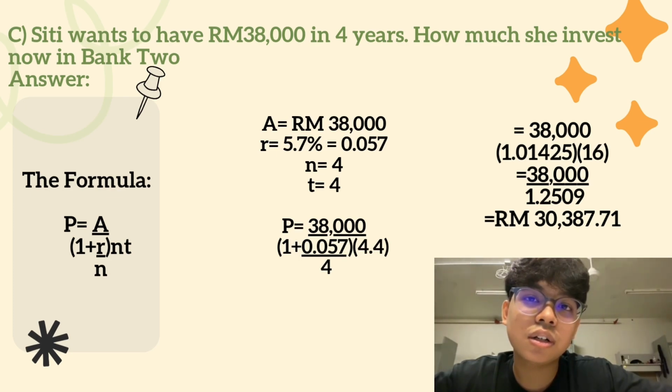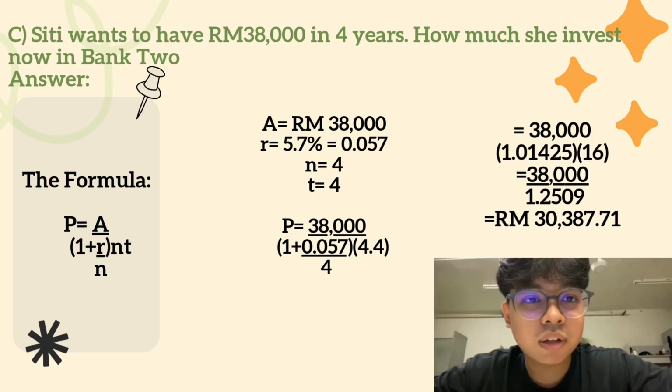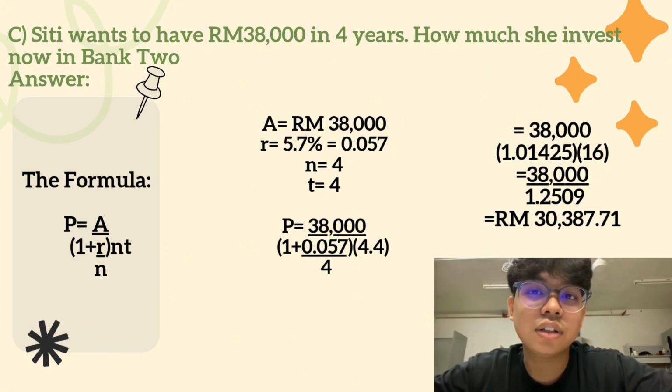So the answer is 3,800 over 1.2509, and the answer is 3,038 ringgit 71 cents.